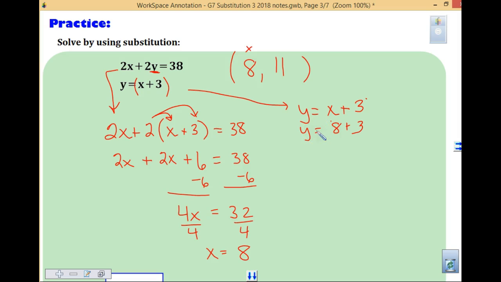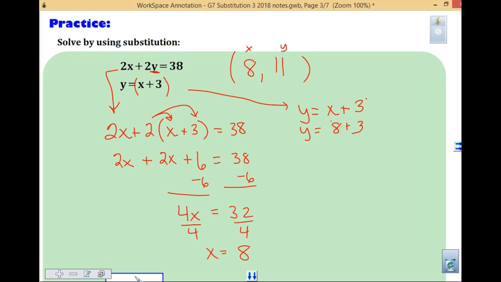When you're on your homework quiz today and you're checking a substitution one like this, once you get this answer of 8, 11, you can go to the first equation and just check it. If we are checking that first equation, that means we're going to replace the x and y with the 8 and 11.